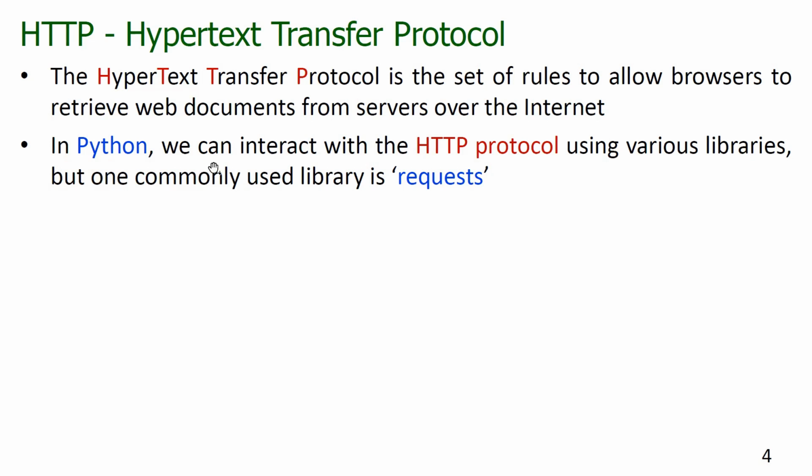In Python, we can interact with the HTTP protocol using various libraries, but one of the commonly used libraries is requests. Using the requests library, you can interact with the HTTP protocol in Python.